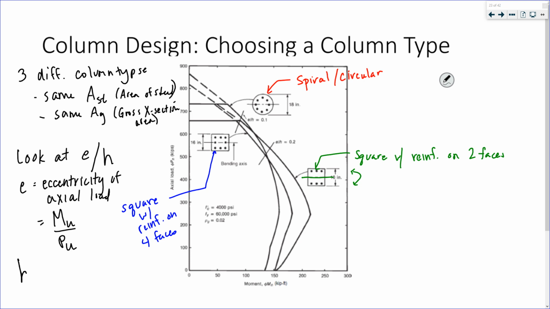And h is the cross-section dimension, like diameter or width, height.